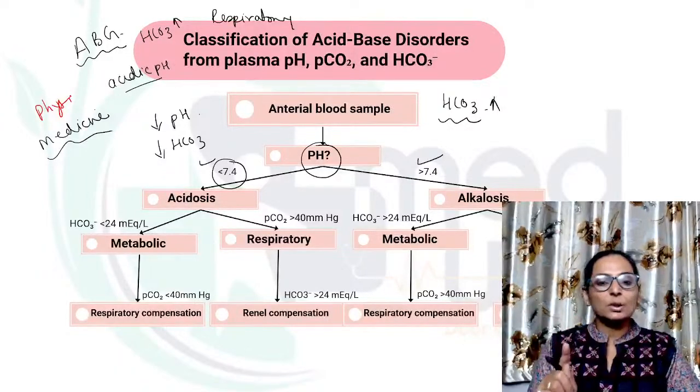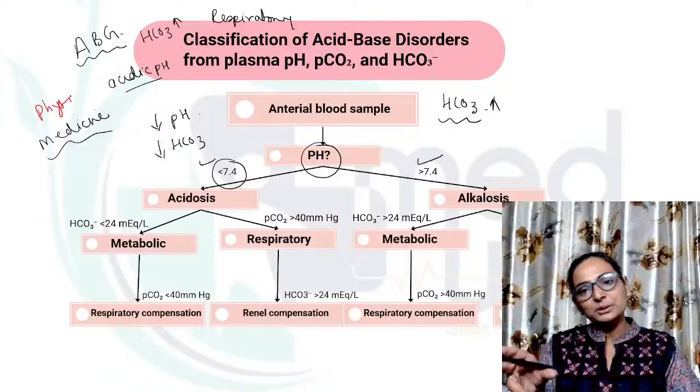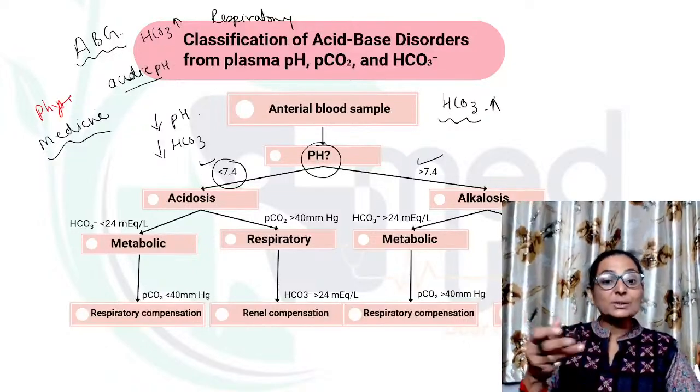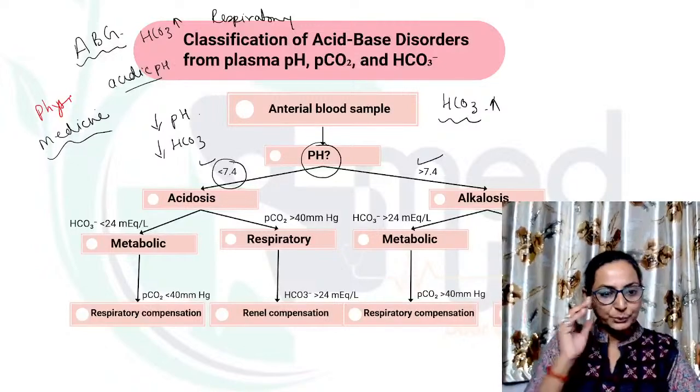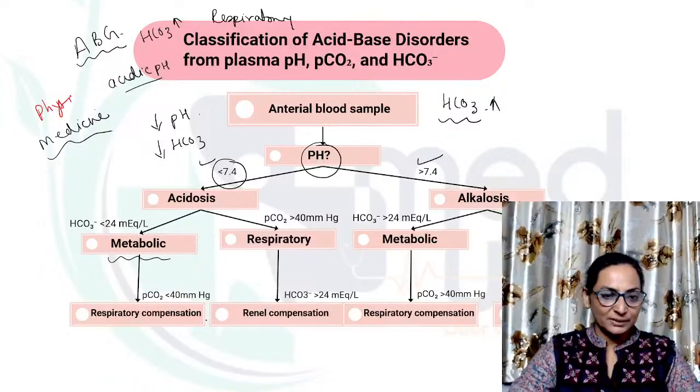So first always look upon your pH, second upon your bicarbonates, and third you look over to the carbon dioxide level and you come to that answer, because it could be then compensation which is shown to you, right? So if it is a metabolic acidosis, obviously the compensation is going to be respiratory as well as renal.